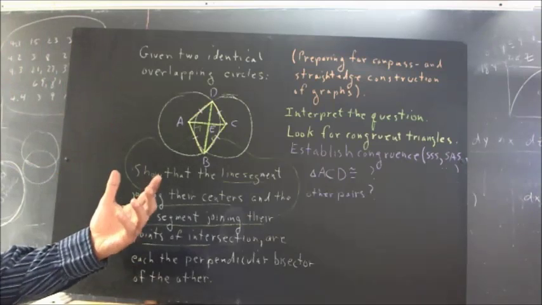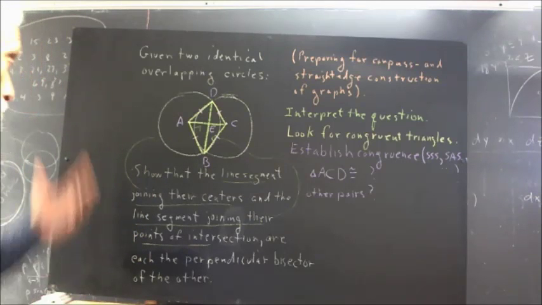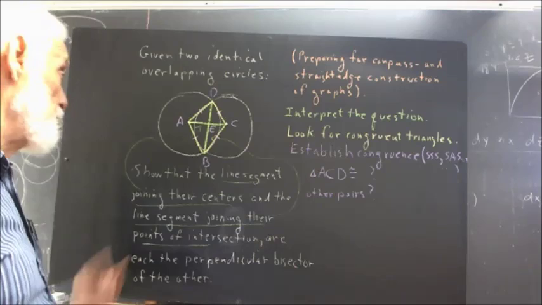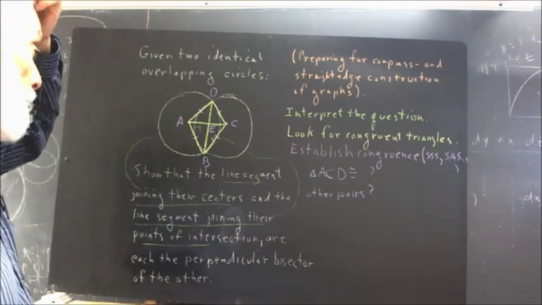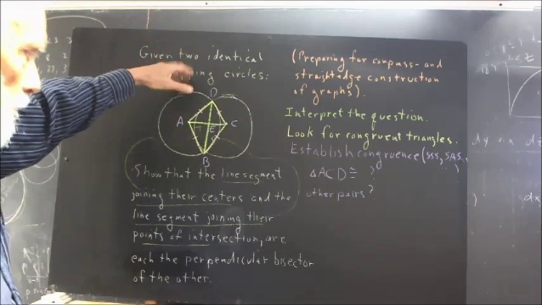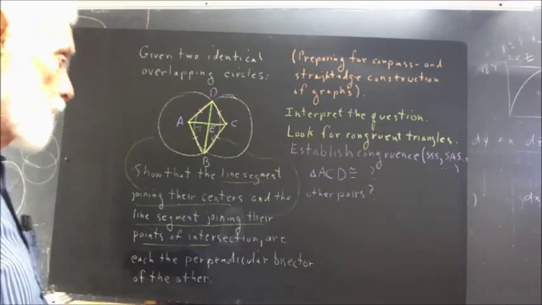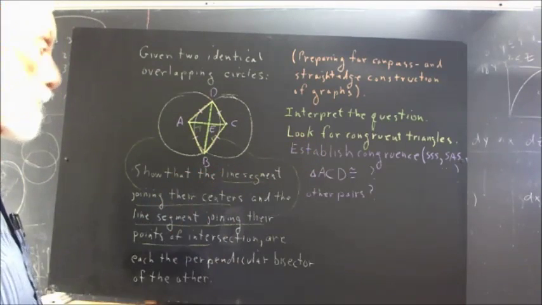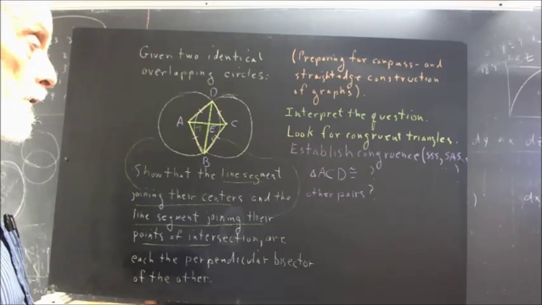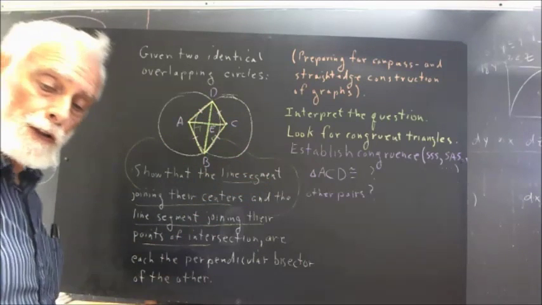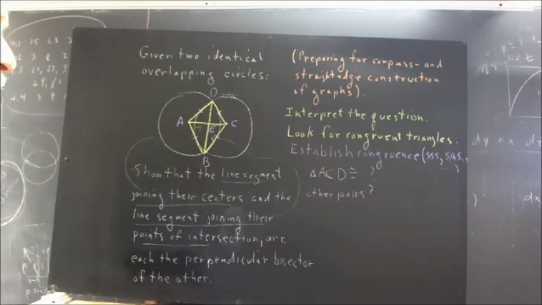Don't try to keep it in your head. You're probably better at that than I am. I used to be better at it, and I'm not too bad at it right now. But I like to write things down now, and you should too. So that's your hint for establishing congruence.